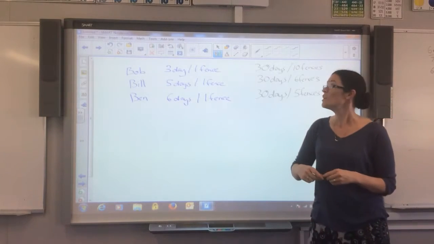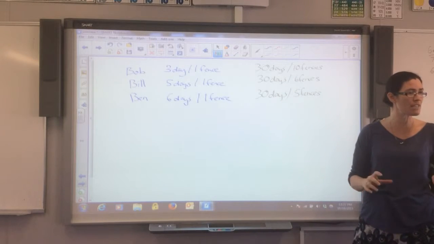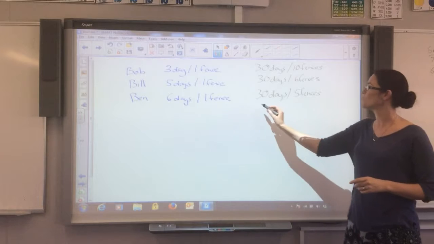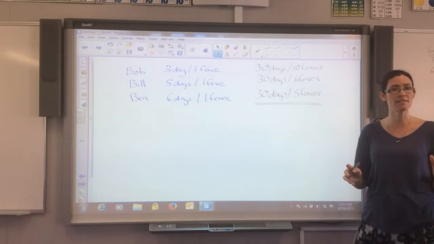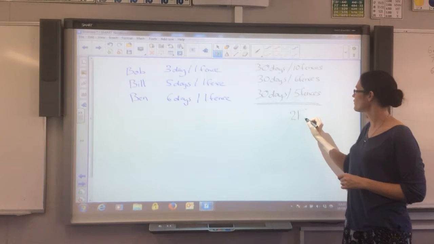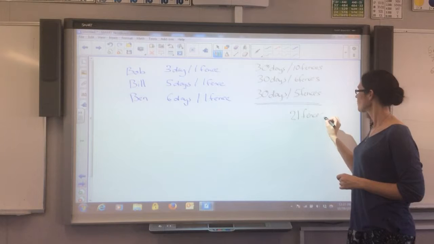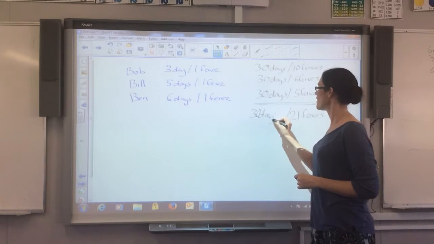Okay? So if they were all working all together for 30 days, how many fences would they have built? So they all worked for 30 days. 21. So they would build a total of 21 fences in 30 days. Yeah, we're going to simplify that.